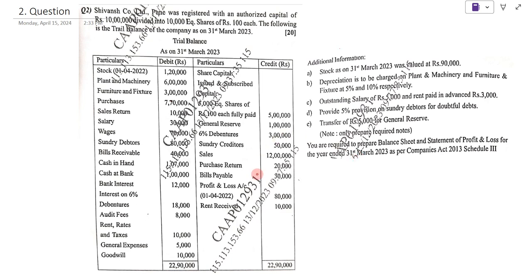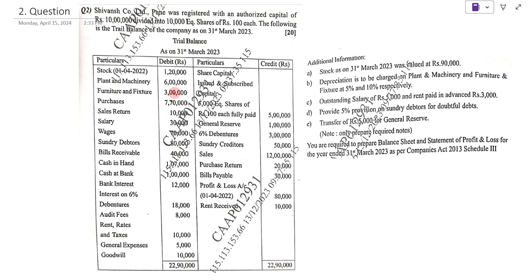Now in my last lecture I have explained the format of balance sheet, then the format of profit and loss account. Along with those formats I have given you the working notes also, the heading of the working note, and under that working note, what particulars or items come under it. So in my last lecture I have explained this, the link I will share in the description box.